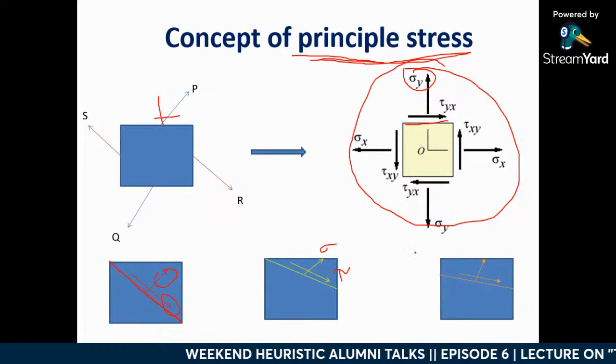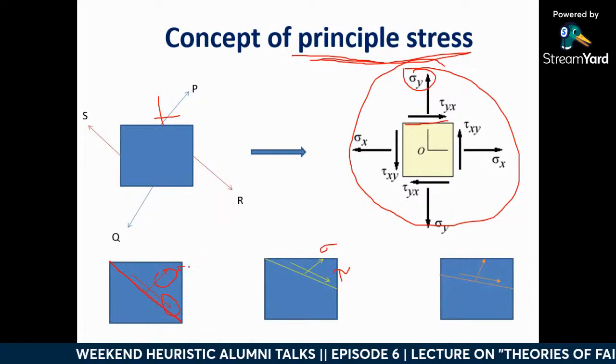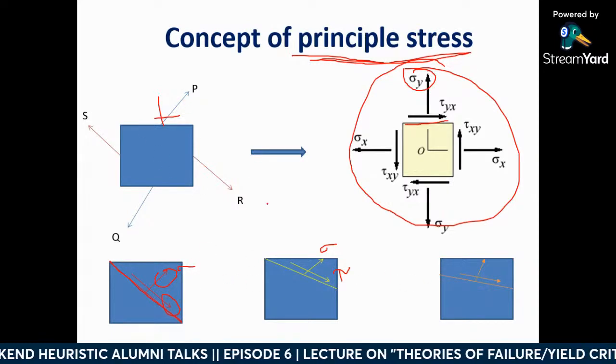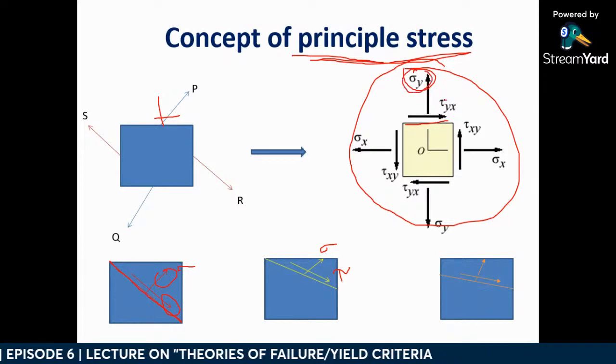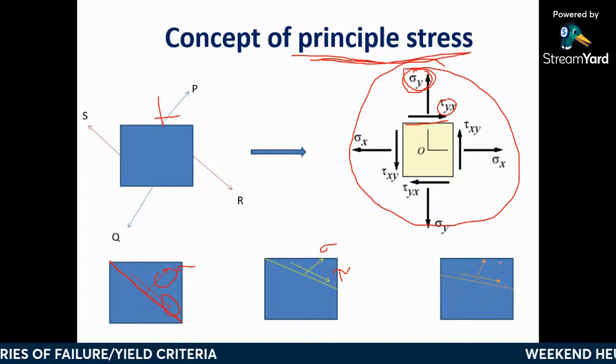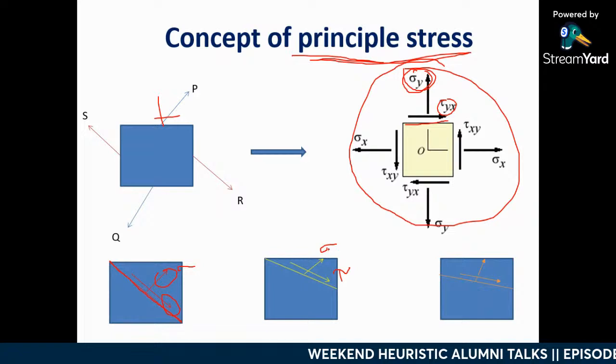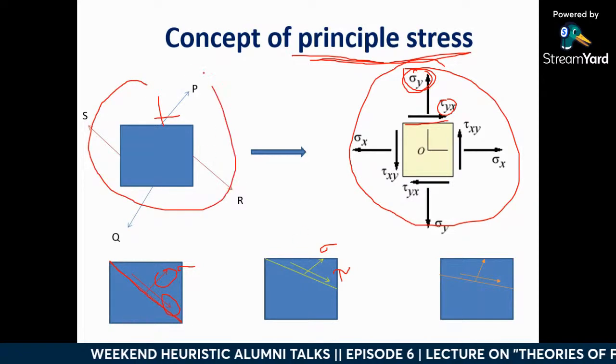Since you are applying the same PQRS on all the planes, do you get the same amount of normal and shear? Obviously no. On different planes, you will get different amounts of normal and shear stresses.